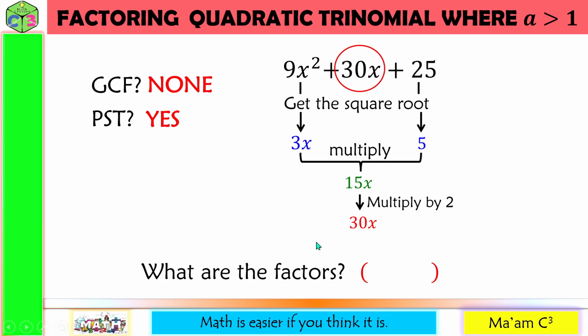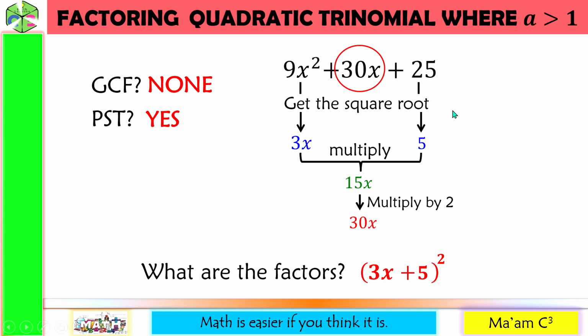For the first term, we're going to write 3x. This is the square root of our first term. And then let us copy this sign. And then for the second term of our factor, let us copy the square root of the third term of the trinomial. And don't forget to raise this to the second power. These are now the factors of 9x squared plus 30x plus 25.